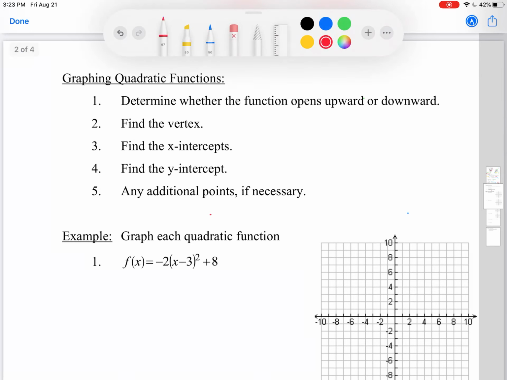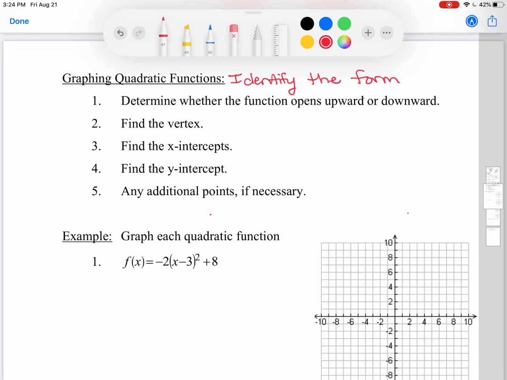Some key things I'd like to add as well: before we even get started, I want us to identify the form. Okay, we didn't just go through all 3 forms if we don't know how to identify them. So before we get started, I want to identify if it's in standard form, vertex form, or x-intercept / factored form.